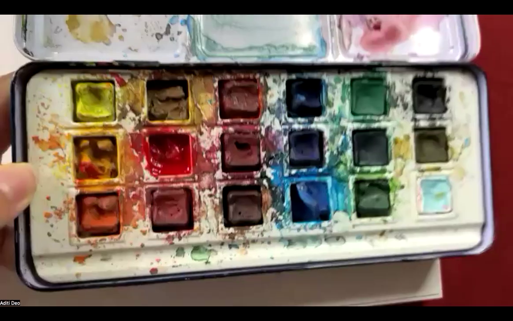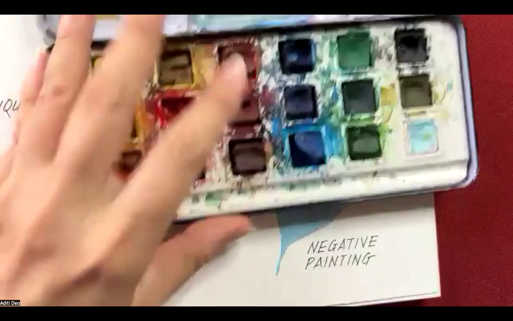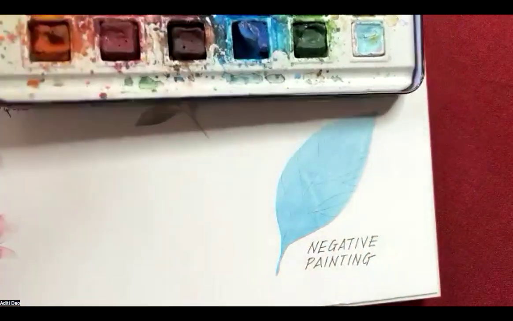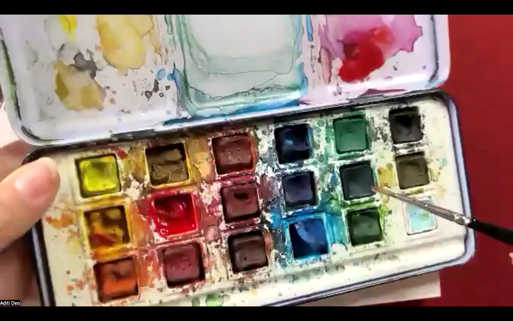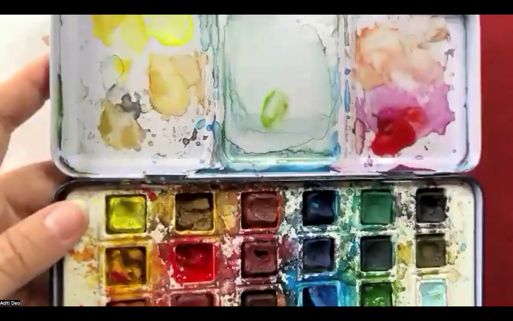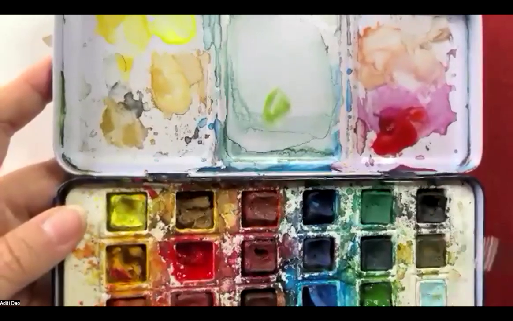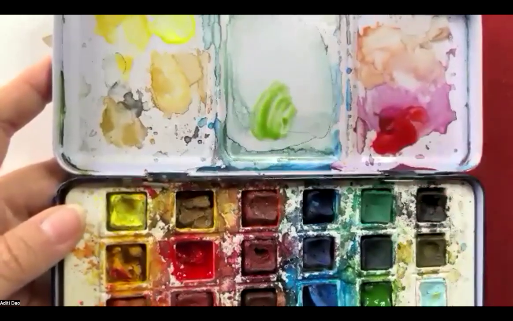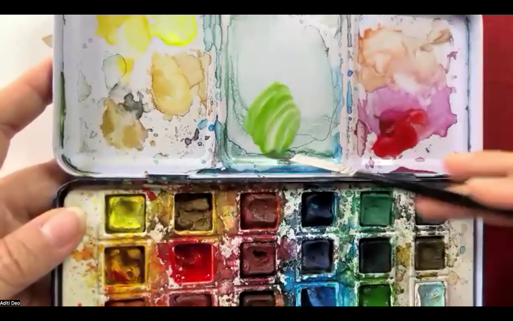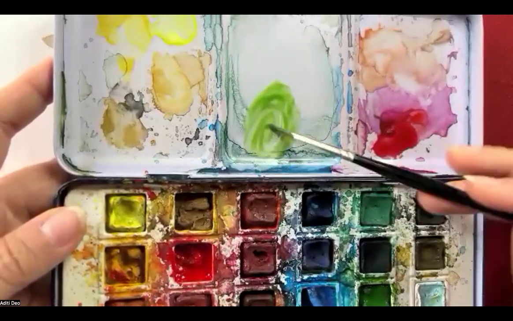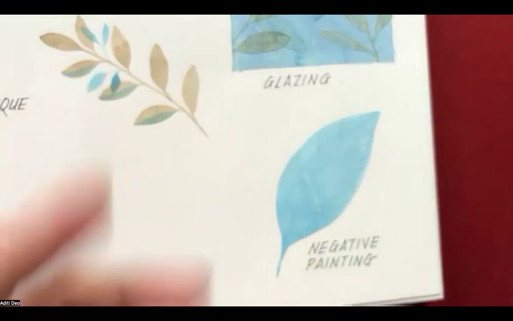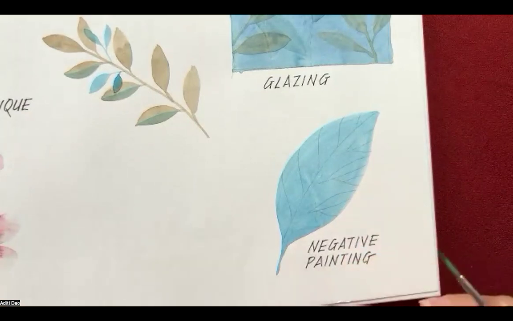Now I can choose any color I want from this to paint over the already painted surface. But I have to keep in mind that my new paint cannot be of wash consistency. It needs to be slightly thicker. It does not have to be too dark, but it cannot be too watery. Simply because if it is too watery, it is going to just bleed on the paper and become pretty useless for us.